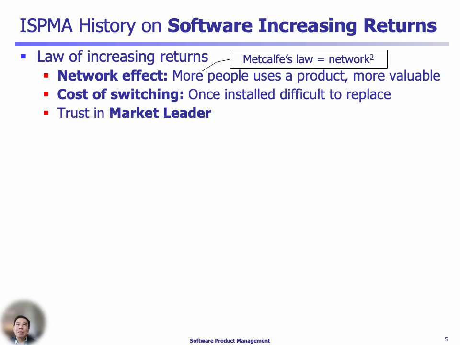Once a company has invested in the infrastructure and knowledge to use your product, the cost of switching to a different product is usually high, and that is a barrier or an obstacle for companies to switch to another software. If it's not broken, don't change it.